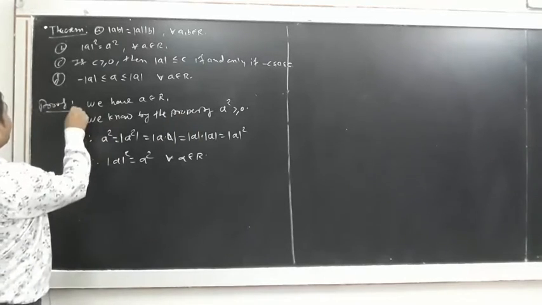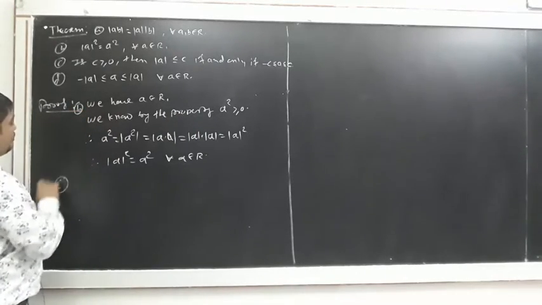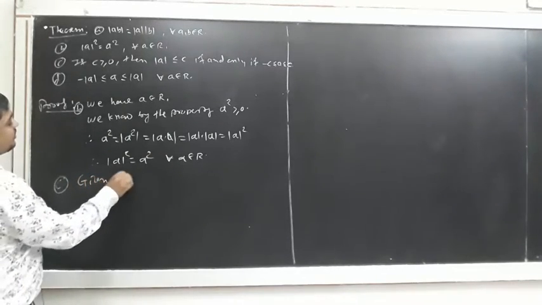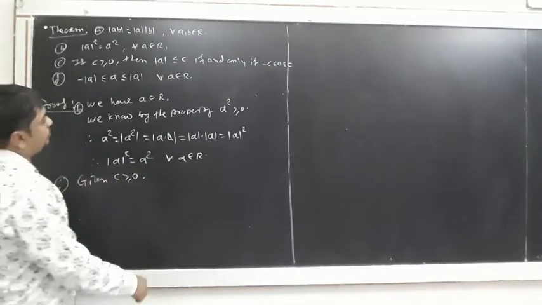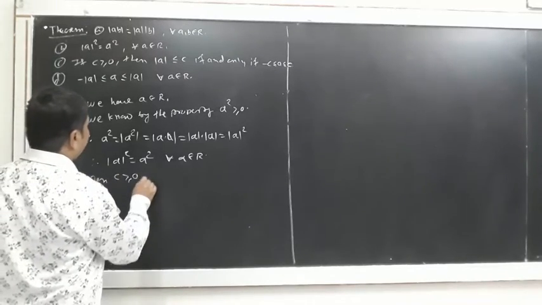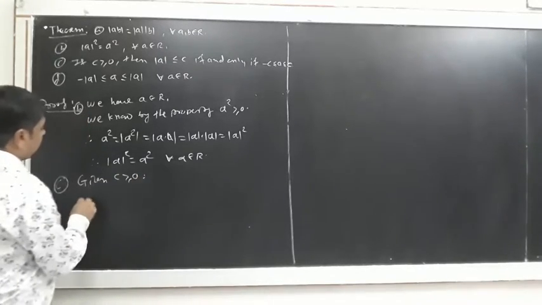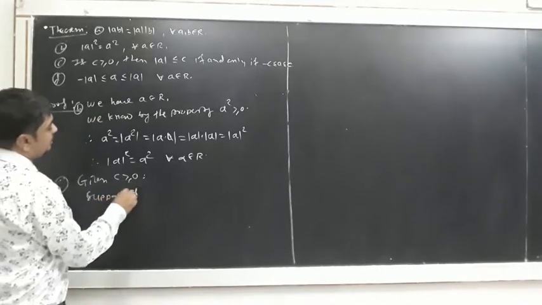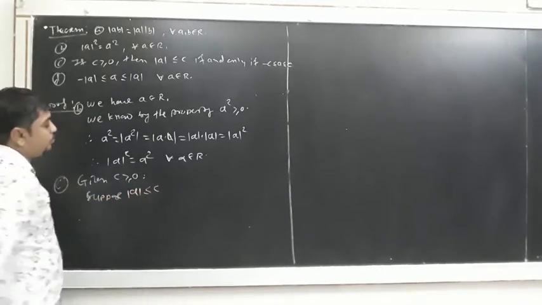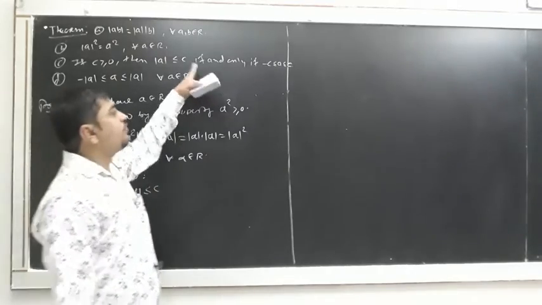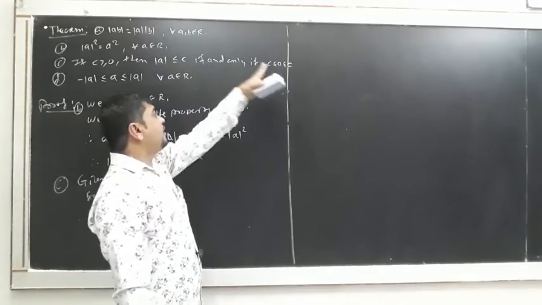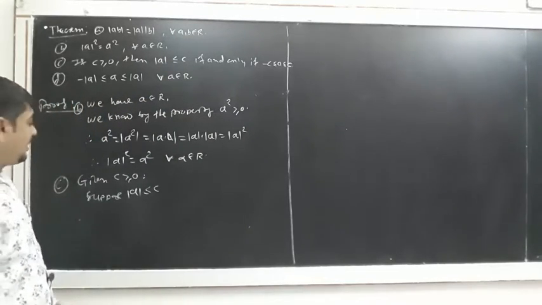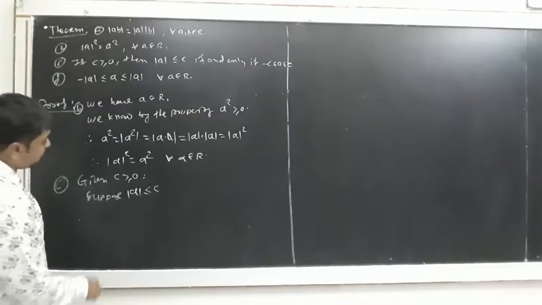Okay, now we prove the third one. What is given? Given C greater than or equal to 0. Suppose mod of A is less than or equal to C. Here it is if and only if, therefore we have to go from first to second and second to first. That is, first implies second and second implies first. So how do we prove this?